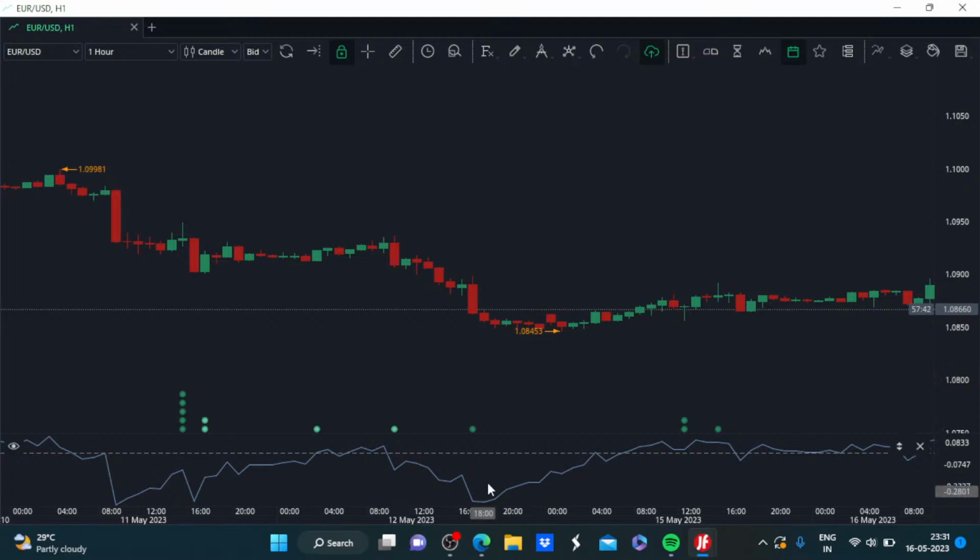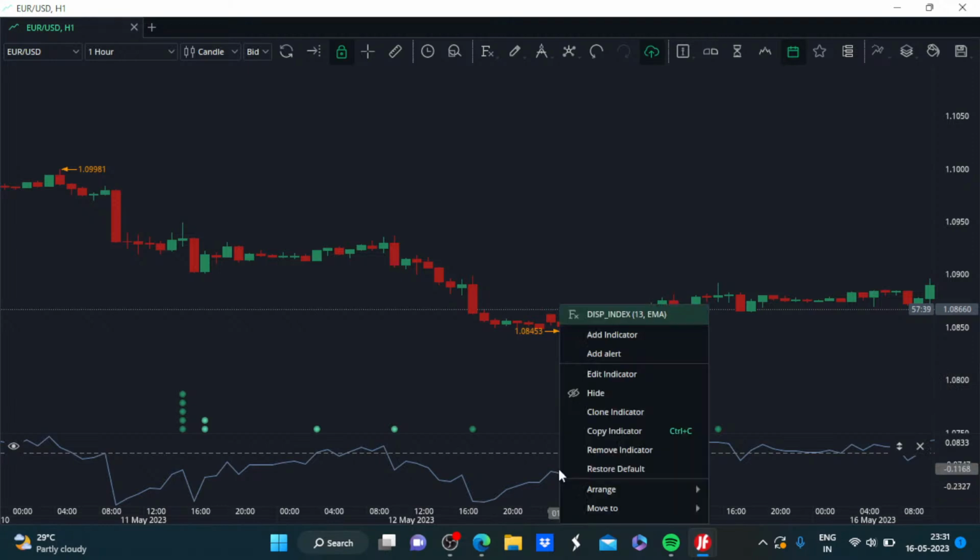You can vary the calculation period as well as change the type of moving average you want to work with. So all this freedom is provided on the platform. You can try out different sorts of combinations. If you feel that the trend is much more stable over a longer period of time, then you can increase your calculation period.